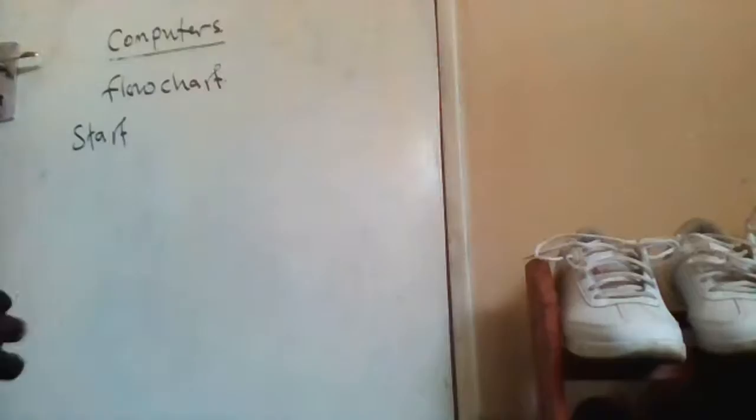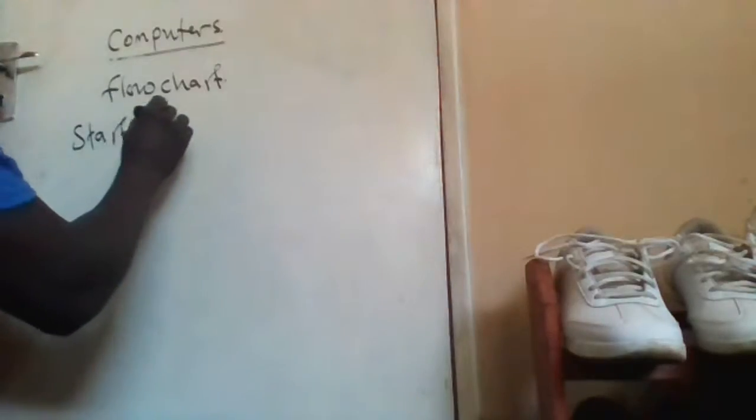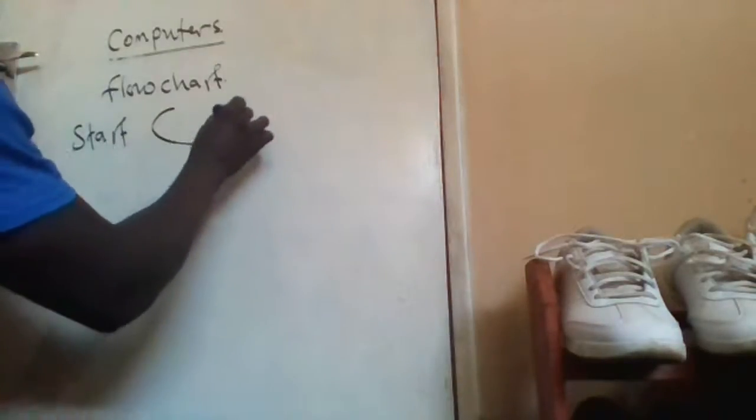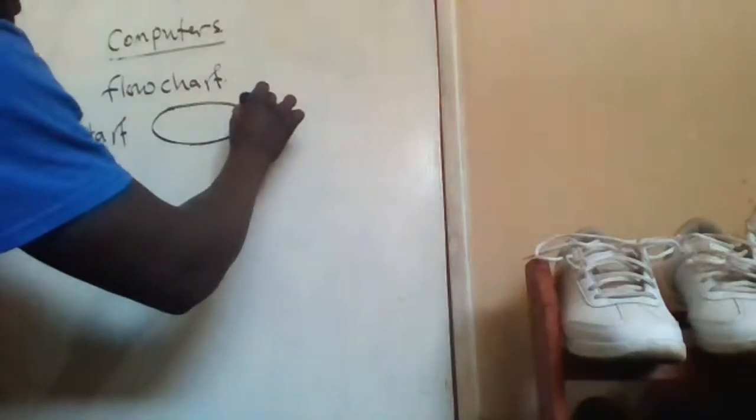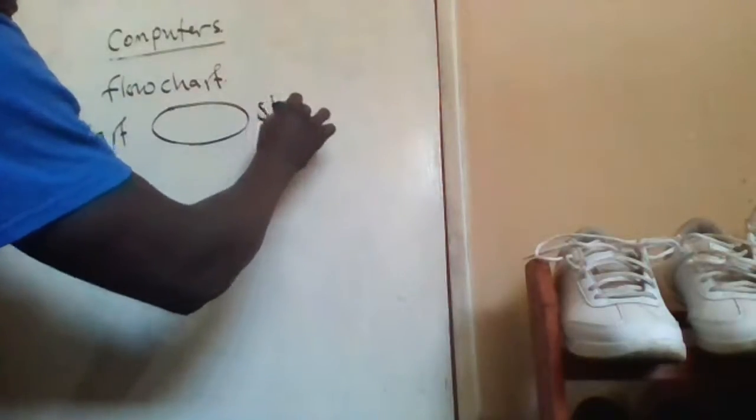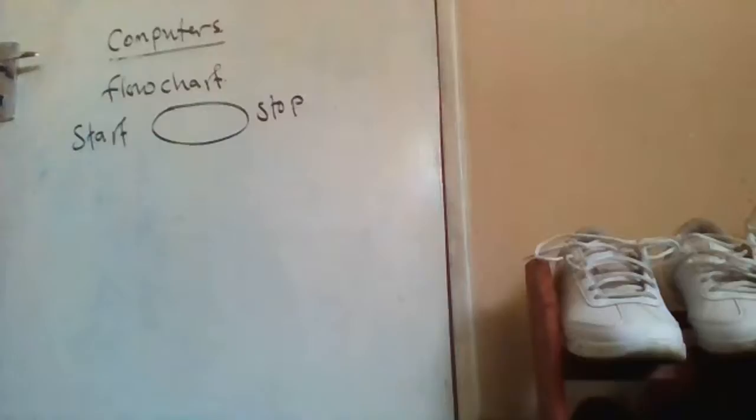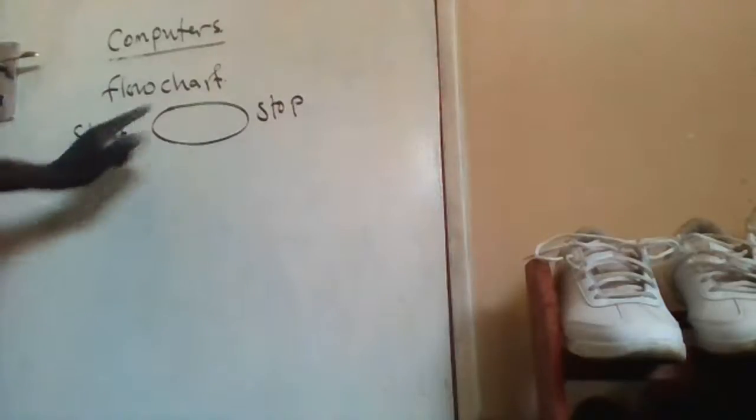You want to turn on, you use the button. You want to switch it off, you can use the same button. So for a start and a stop, we use the same shape.